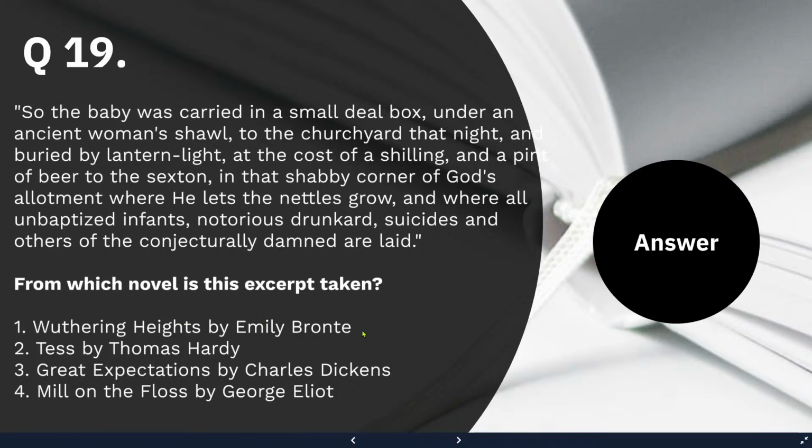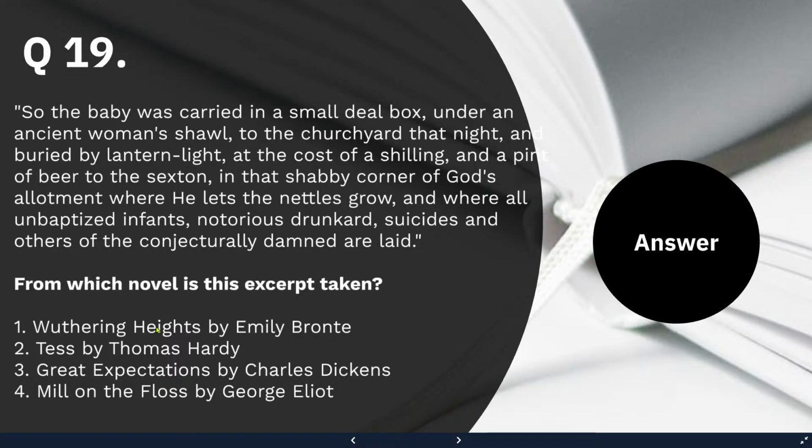Wuthering Heights by Emily Bronte, and it talks about some small child. So in Wuthering Heights, when we read it, all these characters were children, of course, in the beginning, but not a baby who can be carried in a box.